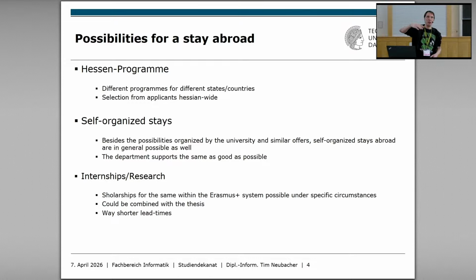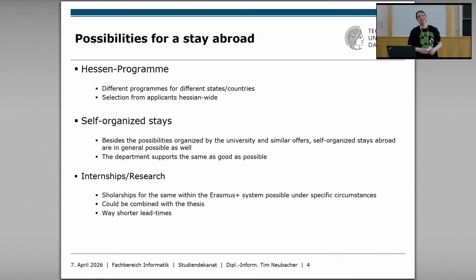You will find a database for European companies offering internships. And you can even get an Erasmus Plus scholarship for the same, right? So that's one option. If you do a research intern, it might be applicable to get some credits at least for that, but it has to be discussed on an individual basis.